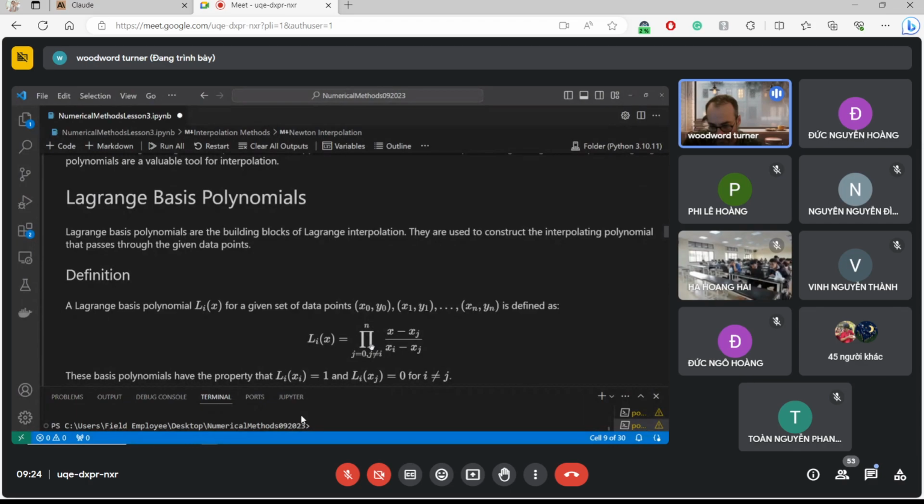Remember the indexes, x0, x1, that's what's going on with these j's and i's. The 0th one would have a fixed x0 here, and then we would iterate through the j's. So x0 minus x1, x0 minus x2 in the denominator. And then the numerator has the variable x and then the j's again.